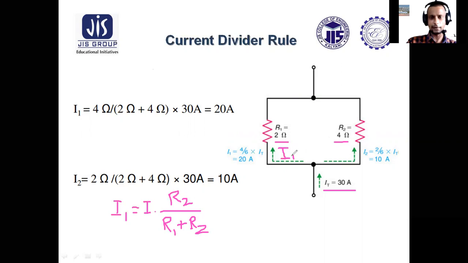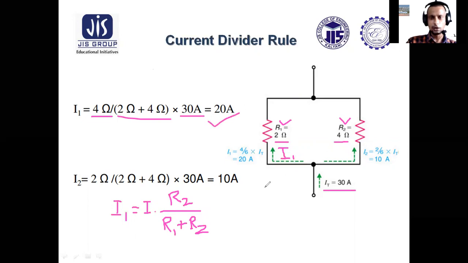This is the formula for I1, where R1 is this one and R2 is this one. So just substitute the values. I equals 30 ampere, the total current is 30 ampere. Now R2 equals what? 4 ohm. In the numerator there is 4 ohm. In the denominator it will be R1 plus R2, so 2 ohm plus 4 ohm, that is 6 ohm. So I1 is this.